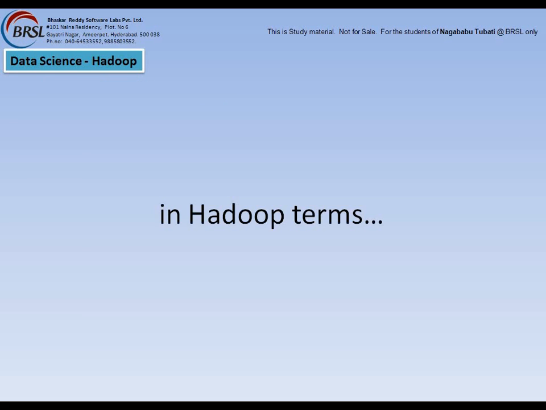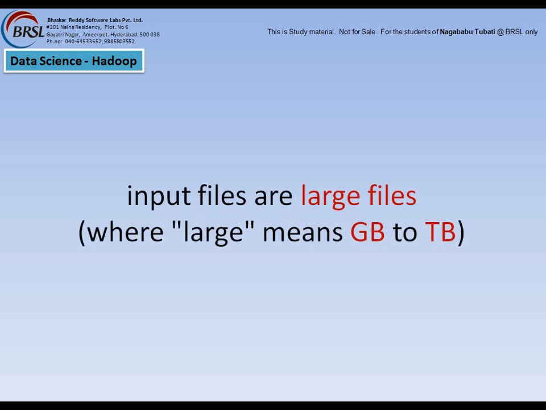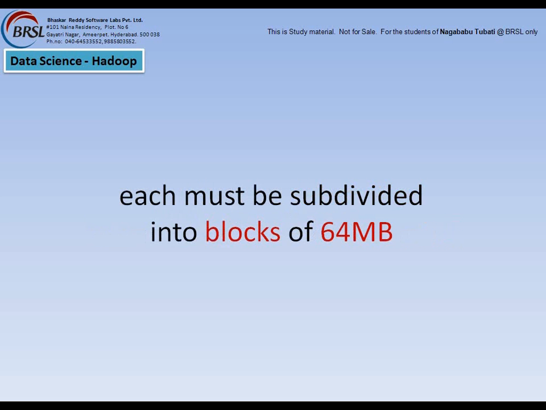the customers. In Hadoop terms, input files are large files where large means gigabytes to terabytes of range. So this is analogous to large file of apples. Each file must be subdivided into blocks of 64 megabytes. It is the standard size that is used by Hadoop.